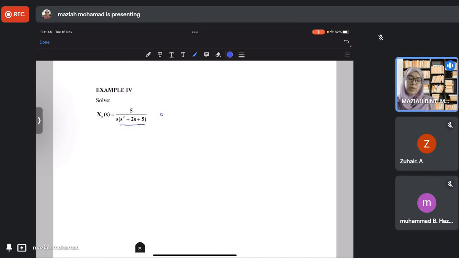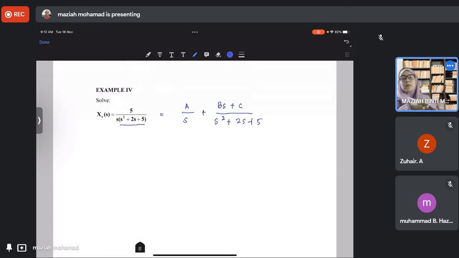So it becomes A over S, and the first form is BS plus C divided by S square plus 2S plus 5.